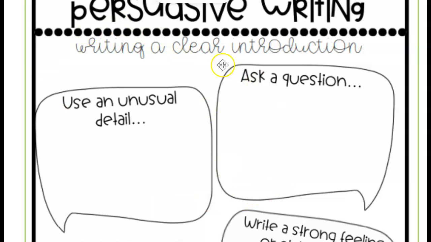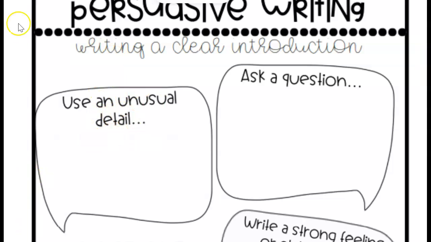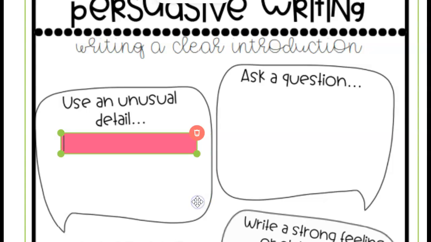And I'll do one of these introductions with you, and you can come up with the other ones on your own. So use an unusual detail. I want to convince my parents to get a pet dog. And I remember when my mom was little, she showed me pictures of her pet dog. So I'm going to use that unusual detail to convince her to let me get a dog.